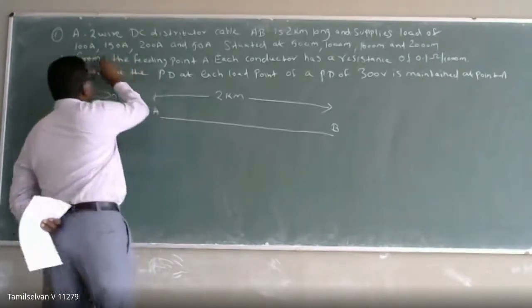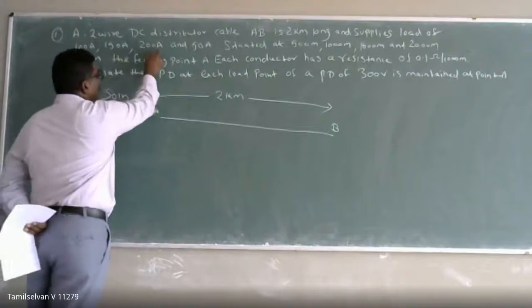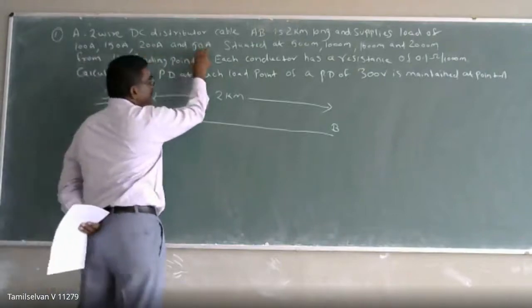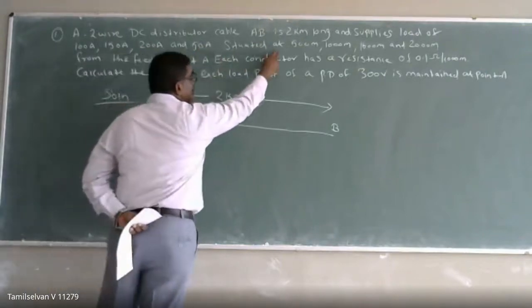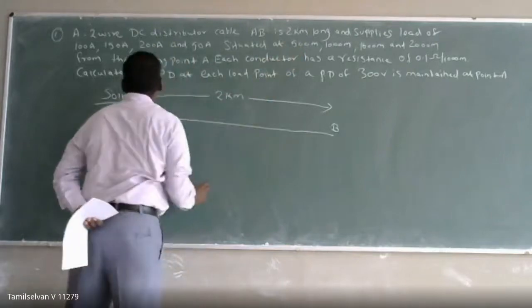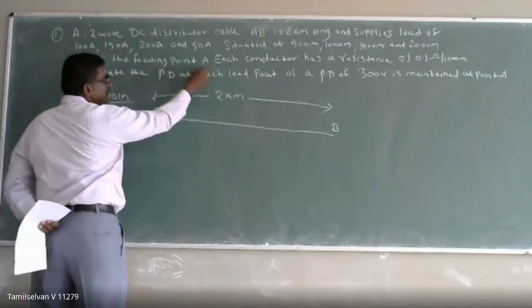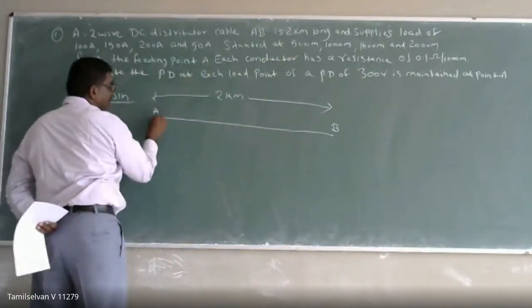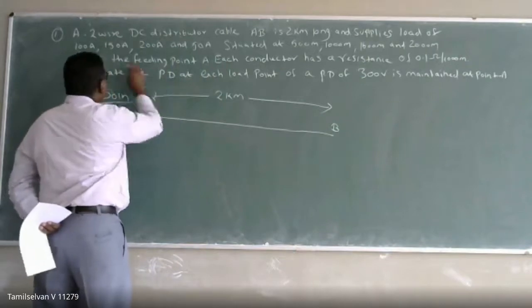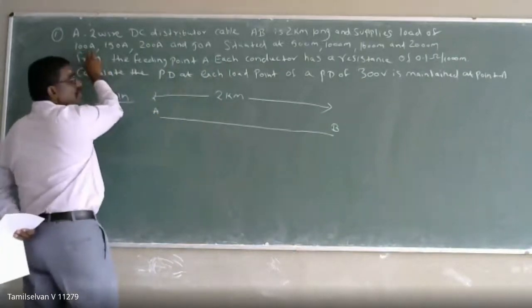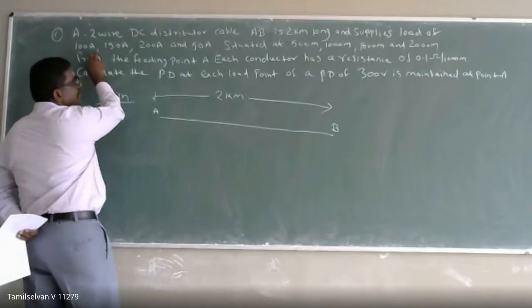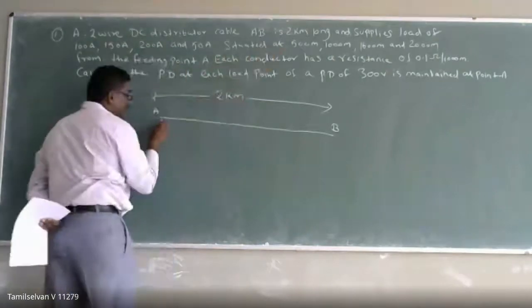See here, 100 ampere, 150 ampere, 200 ampere and 50 ampere situated at 500 meters. It means from the feeding point A, the first load of 100 ampere is situated at 500 meters.